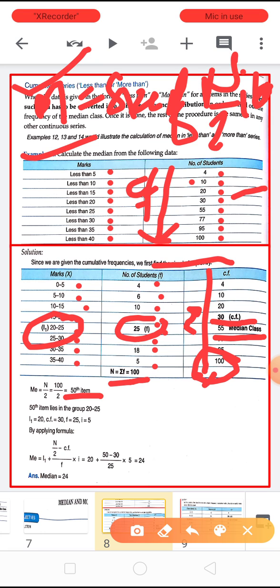So once we write each and everything, like L1 is 20, cumulative frequency CF is 30, frequency is 50, and I, the difference between the lower and the upper limit of the median class interval, is 5.